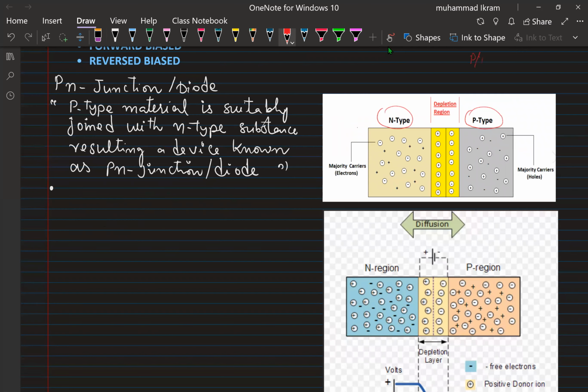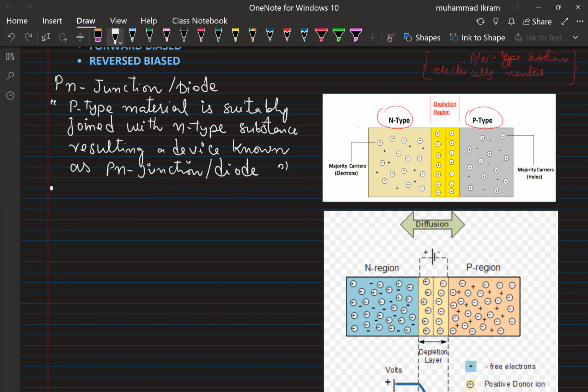Here in the PN junction diode, if you remember, I told you in the previous lecture that both the P-type and N-type substances are electrically neutral.